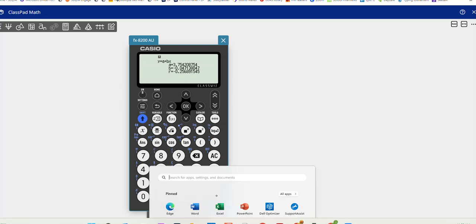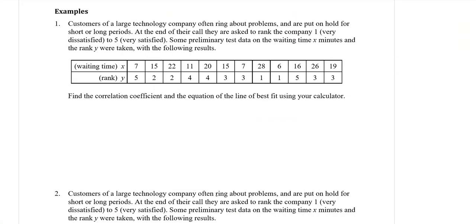So back to our booklet. We're getting the correlation coefficient is negative 0.256, let's just go 0.256, that's more than enough decimal places. Our gradient, which is the b on the calculator, is negative 0.04714.